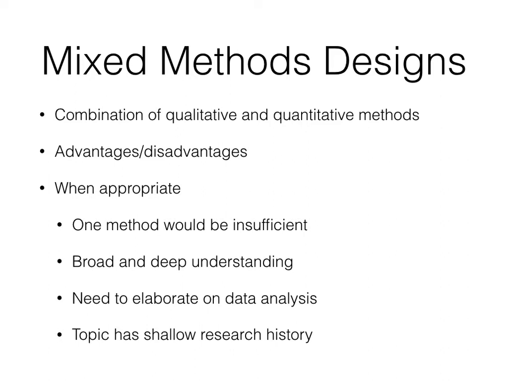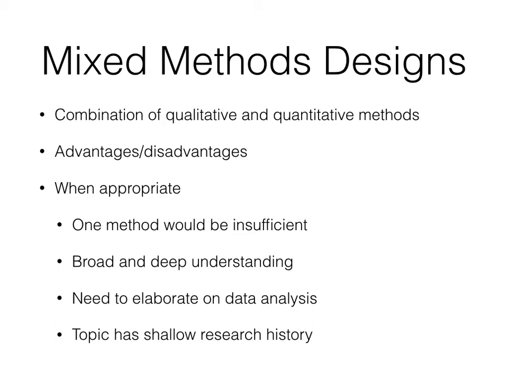When are mixed methods designs appropriate? They would be appropriate when one method would not be sufficient, when you really need both to be able to explain something. They're also appropriate when you want broad and deep understanding, or if you need to elaborate on the data analysis. You get all these numbers and you can make sense of it, but maybe you need a why and you need to go back in there and interview some people or do some observations, and it makes what you're presenting so much more powerful.